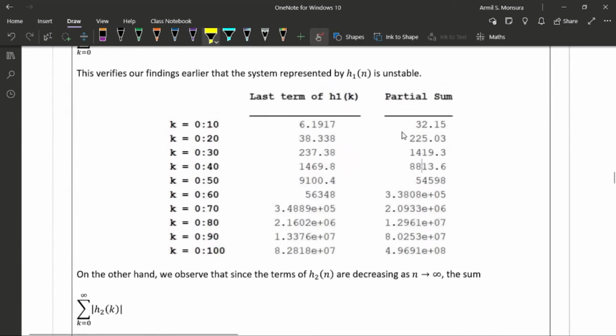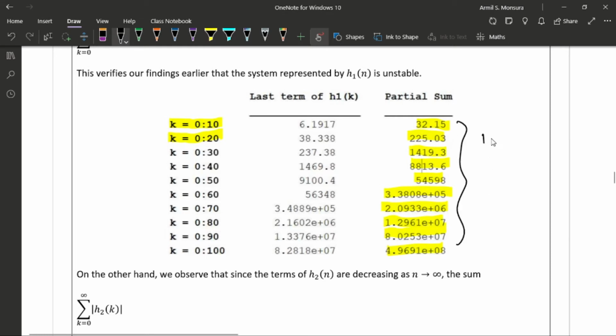We find, for example, the partial sum for k from 0 to 10, and then for k from 0 to 20. So parang ito yung first 11 terms of your h1, first 21 terms, and so on. You see that the partial sum actually does not approach a certain value.